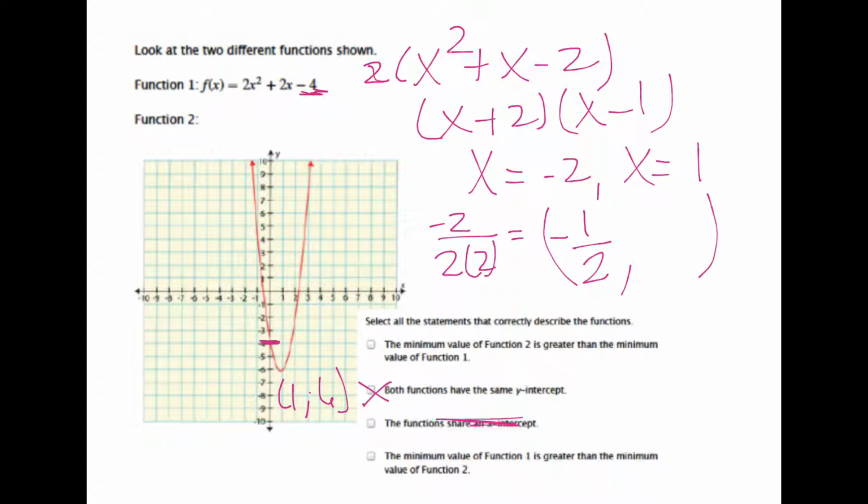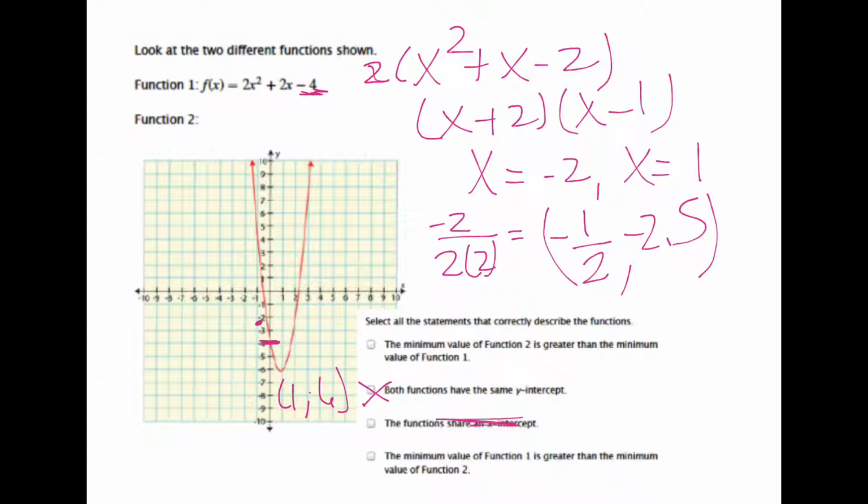Let me do it. Maybe I got negative 2.5. Just kidding. So negative 2.5. So my vertex is negative 0.5 and then down 2.5.